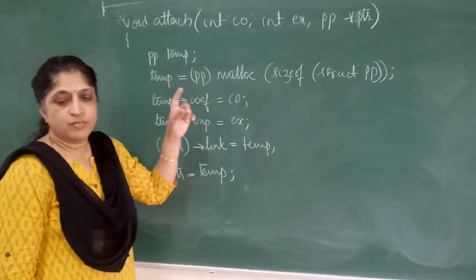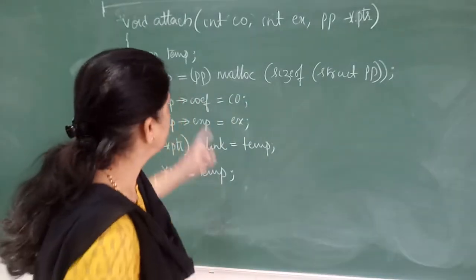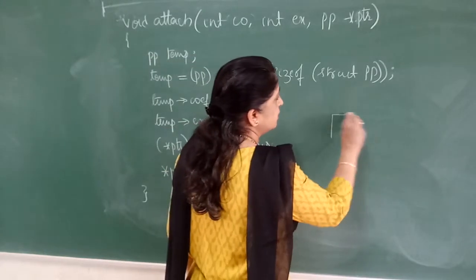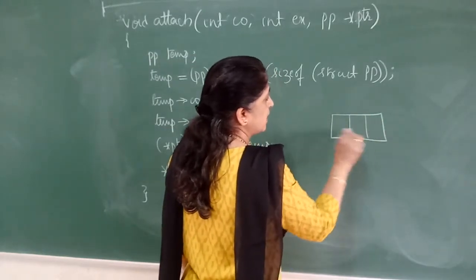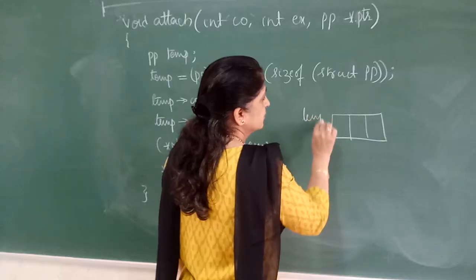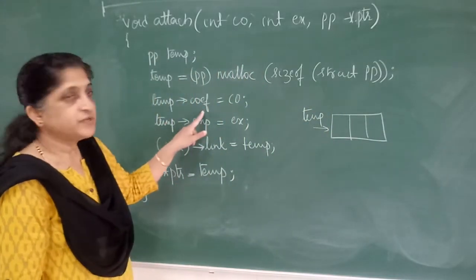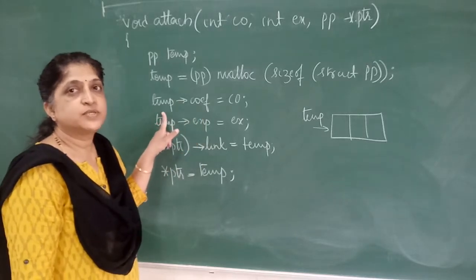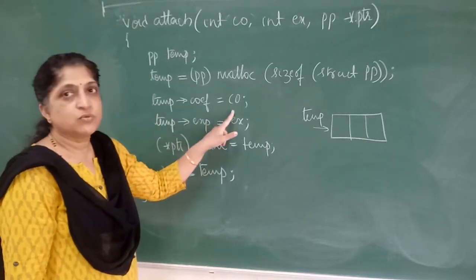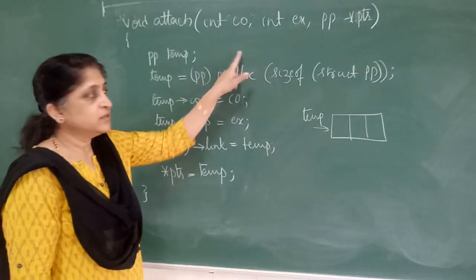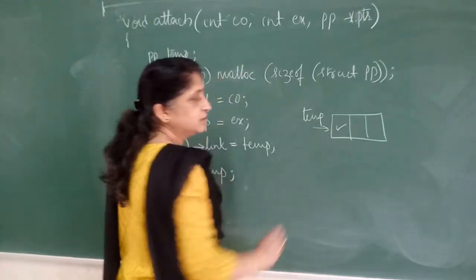So we get memory allocated for the new node, and temp will be pointing to this new node. Then in the coefficient field of the node to which temp is pointing, we write the coefficient value. So whatever value we have got here will be written here.